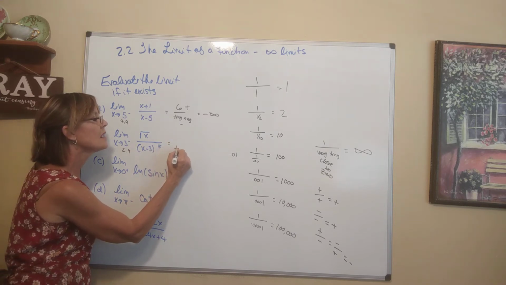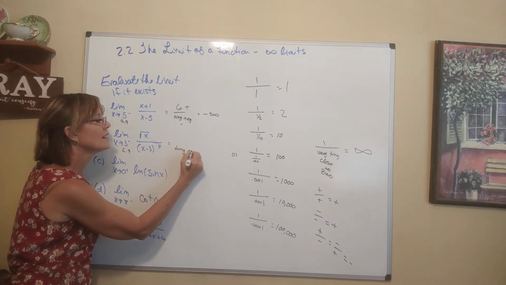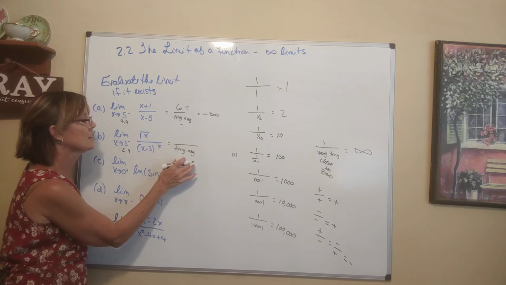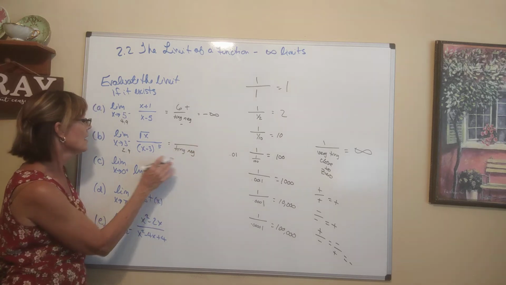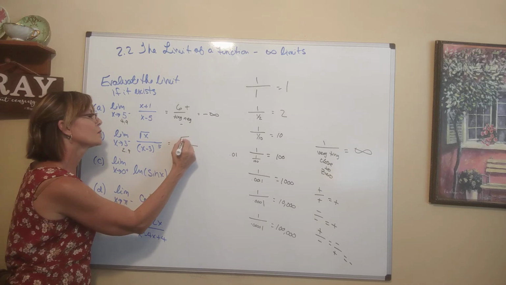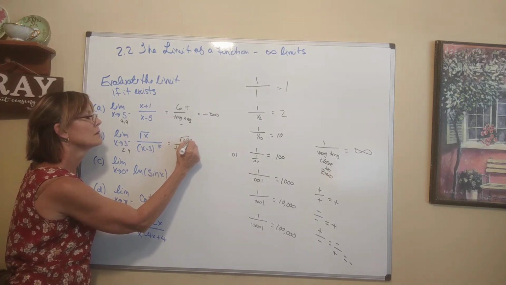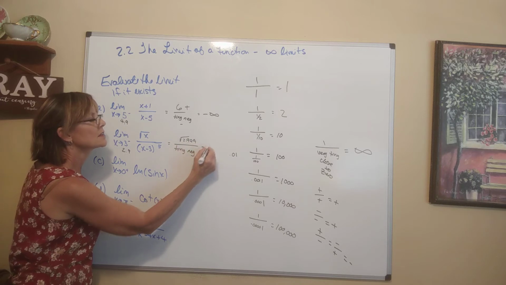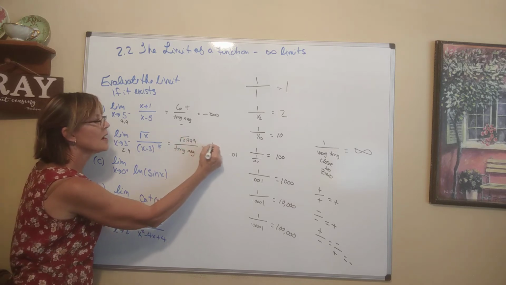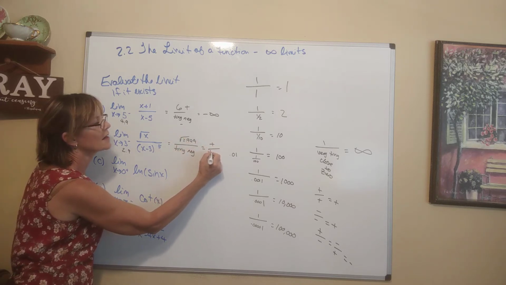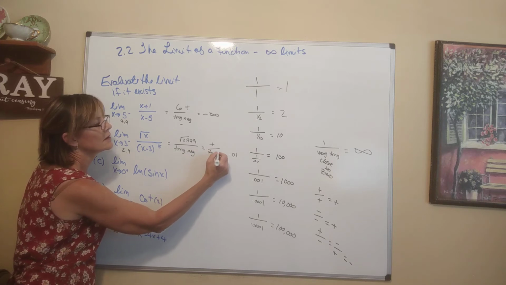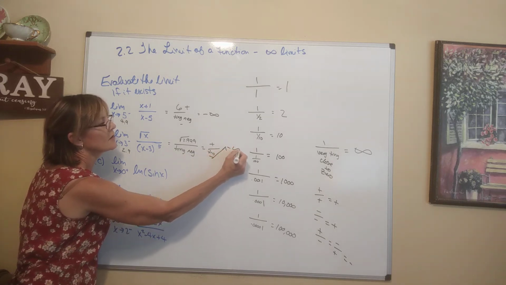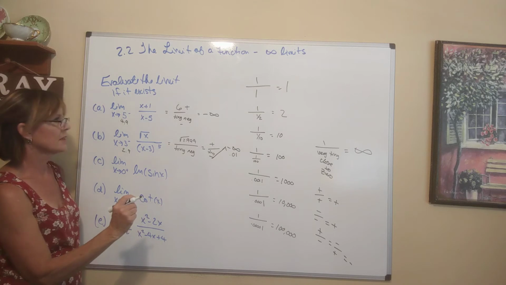So something very tiny and negative, close to 0, is what you get in the denominator. The numerator would be something like the square root of 2.999, the square root of something positive is positive, over something tiny and negative. This is going to go to negative infinity.